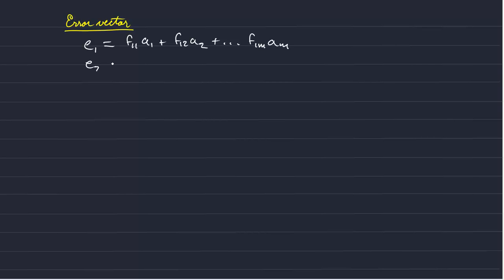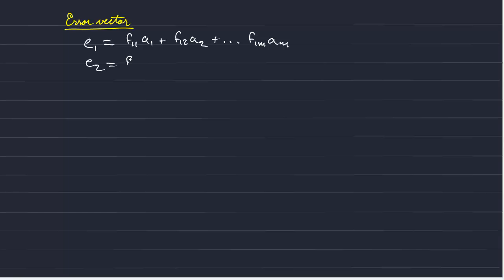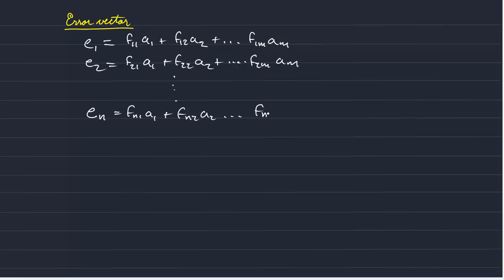Likewise for the second, that's f21 a1 plus f22 a2 plus all the way up to f2m am, all the way down to the nth error, which is equal to fn1 a1 plus fn2 a2 up to fnm am.